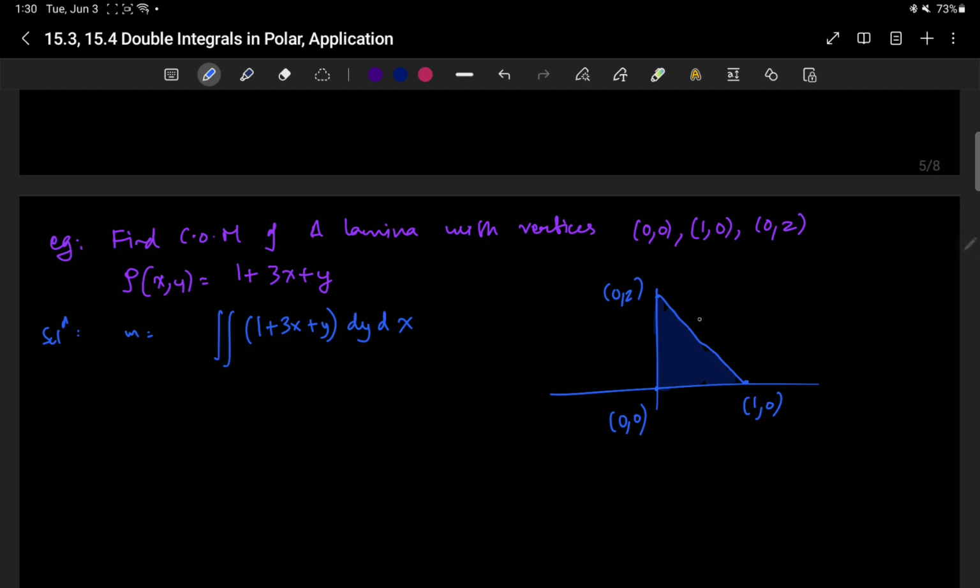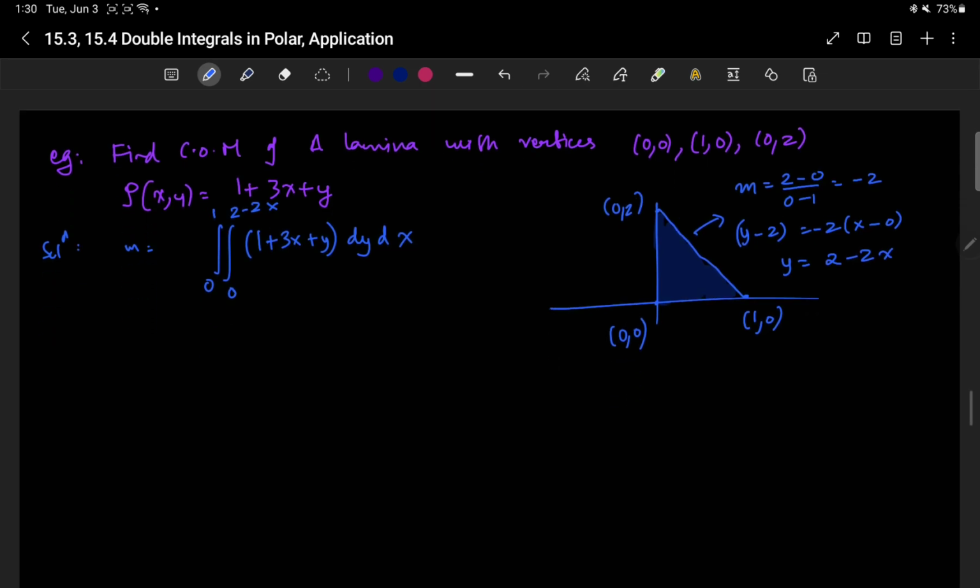So we need an equation of this line. For the equation of this line, we will need the slope. The slope is (2 minus 0) over (0 minus 1), which is negative 2. So the equation is y minus 2 equals negative 2 times (x minus 0), or y equals 2 minus 2x. So y goes from 0 to 2 minus 2x, and x goes from 0 to 1. This is a simple integral.